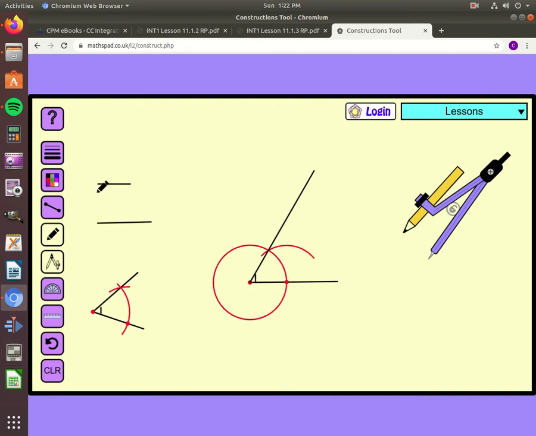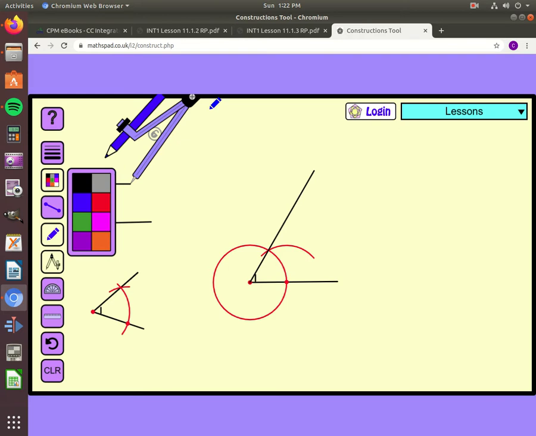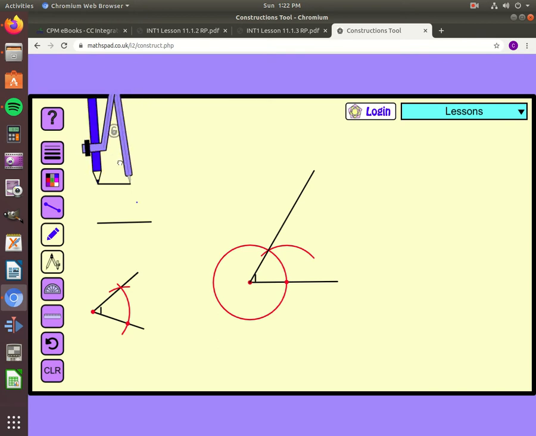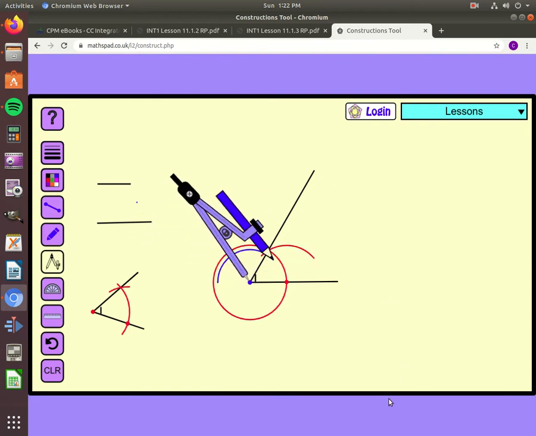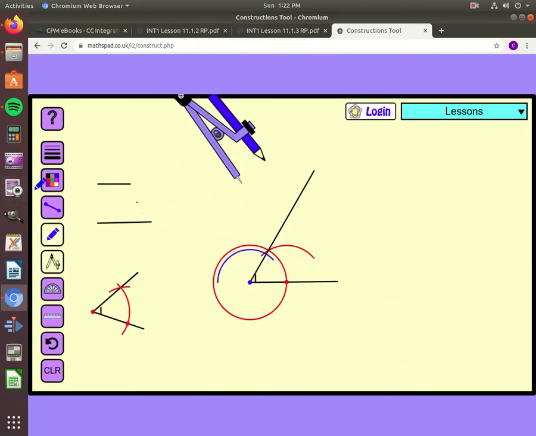Now I need to steal these side lengths. So I'll switch the color to blue, why not? So let's go over here and I'm going to steal these side lengths. Well, I guess the color's going to be in the way. So I'm going to steal this side length. So we'll just make this side length blue. So there we go. I know that this distance here is the same as this distance here.